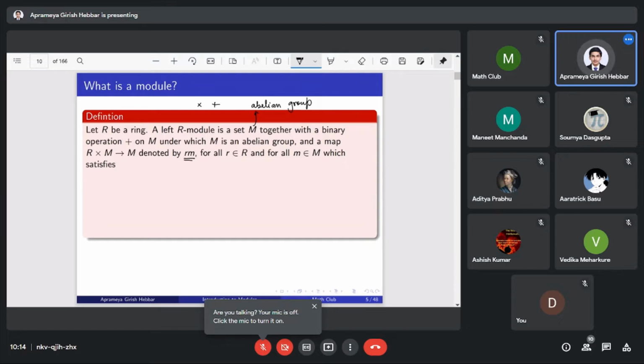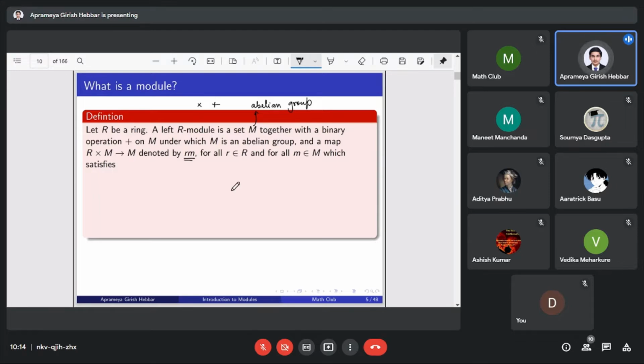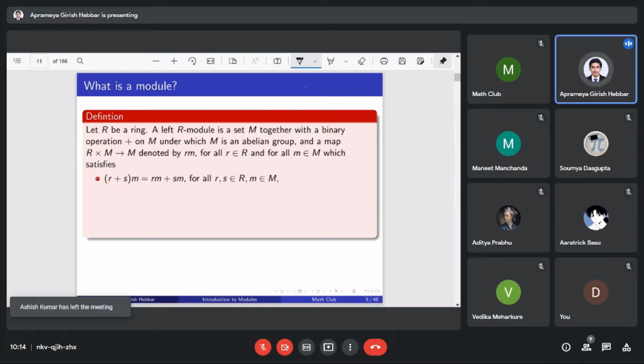When we have two operations, we generally need some axioms, basically distributivity axioms. So this map R cross M to M should satisfy three main axioms. The first one is (r plus s) times m should be rm plus sm, for every r, s in the ring and m in the module.